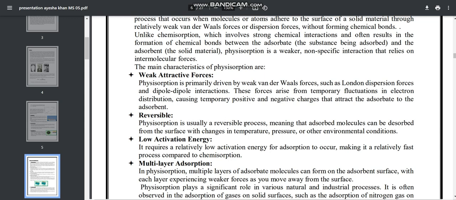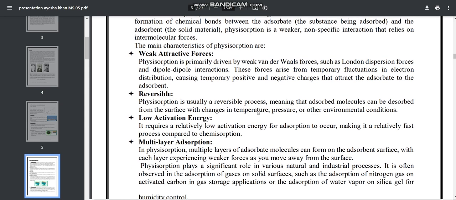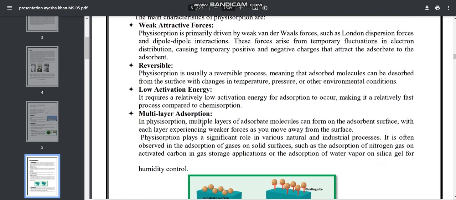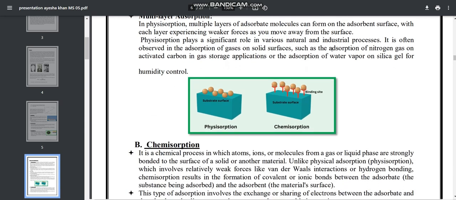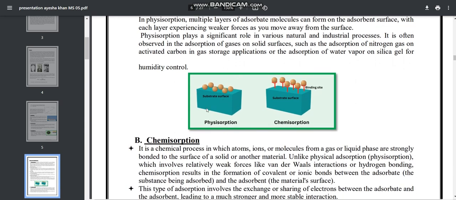Physisorption is usually a reversible process because the forces of attraction are weak, they have low activation energy, and physisorption leads to multilayer adsorption because multilayers of adsorbate molecules can form on the adsorbent surface, with each layer experiencing a weaker force as you move away from the surface. This diagram represents what is physisorption.